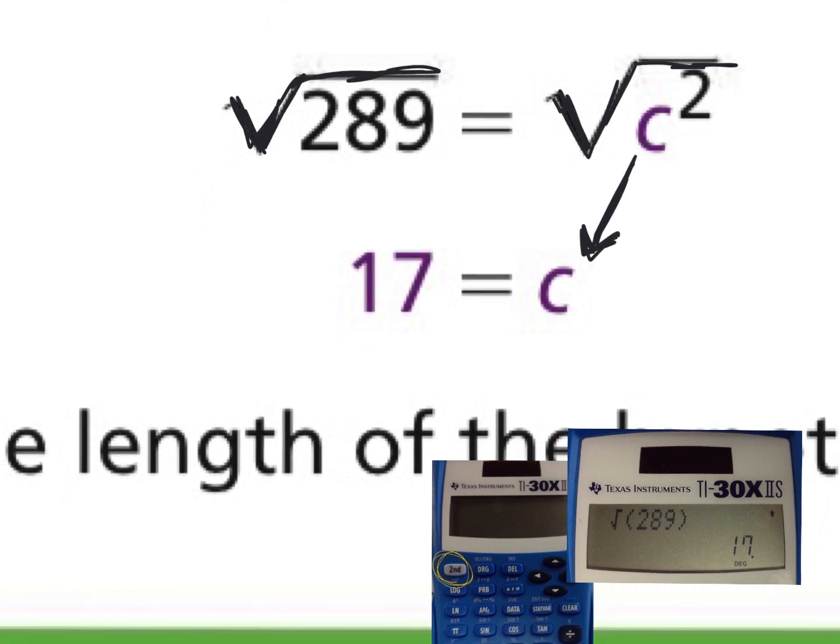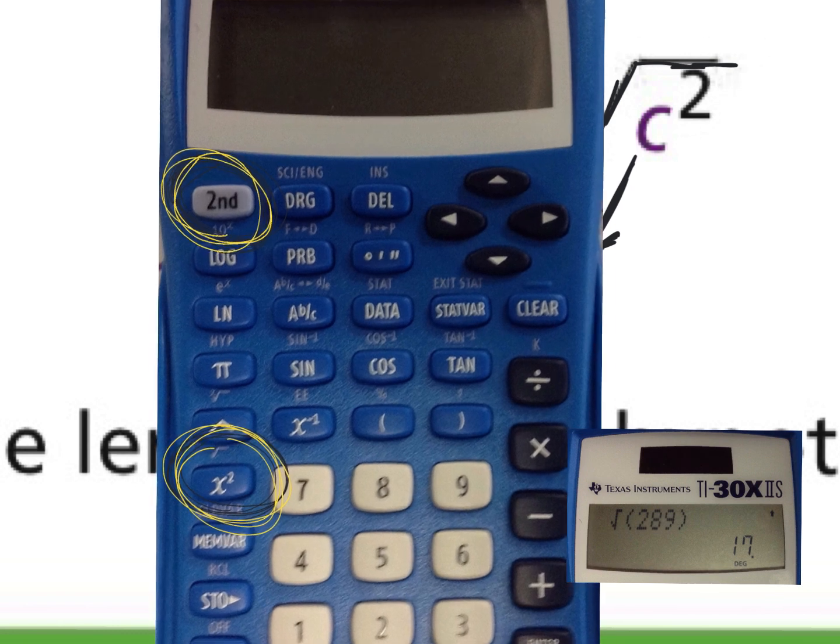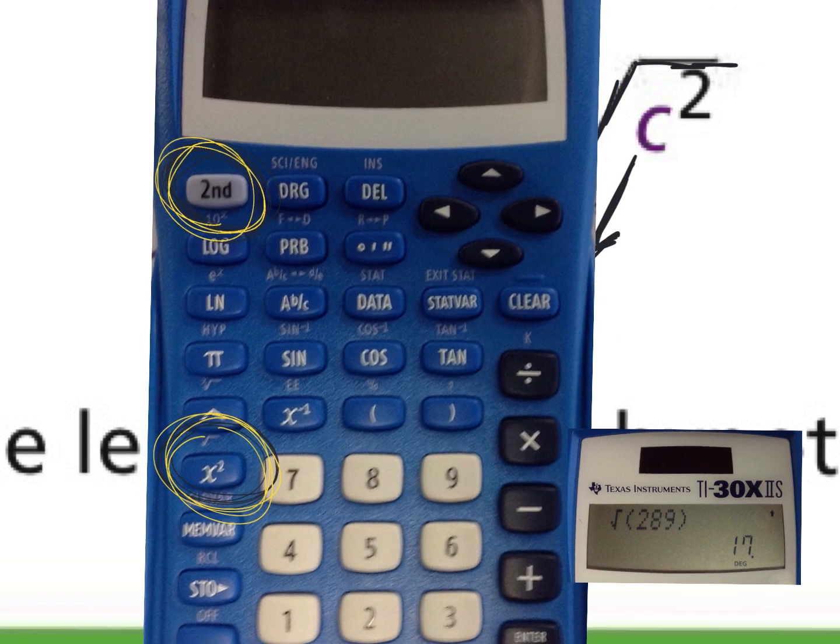our calculator. So on your calculator, to take the square root, you're going to want to hit the second button, and then the x squared button. Right above the x squared, in the same color as your second button maybe, there's the secondary function, which is the square root.